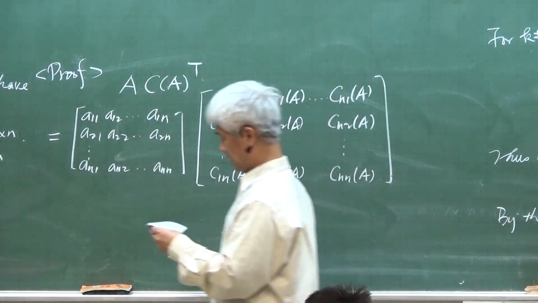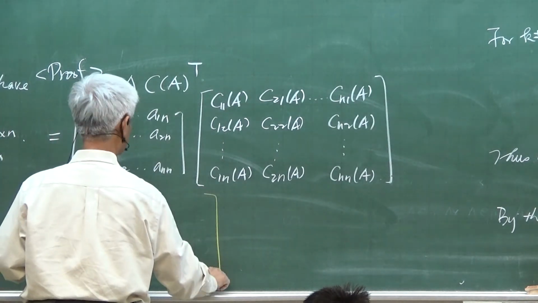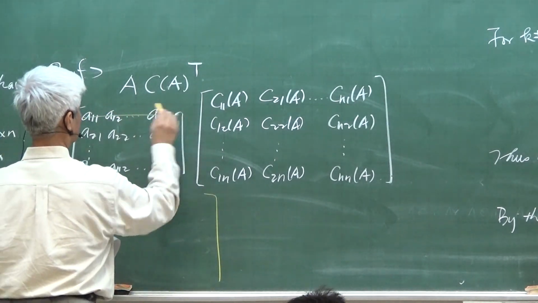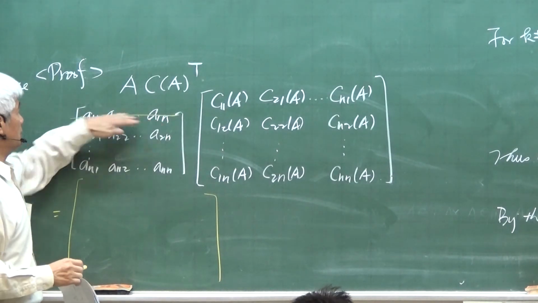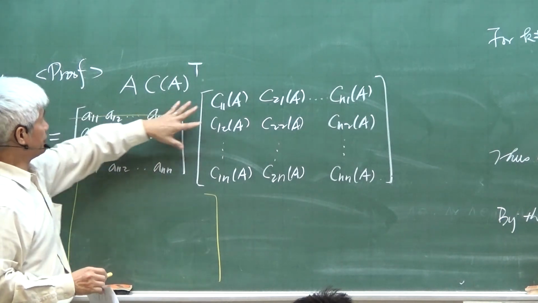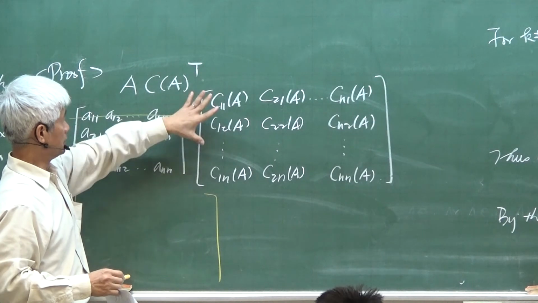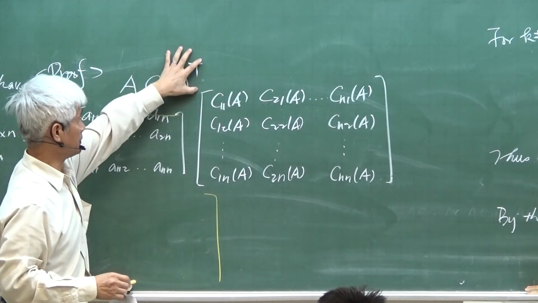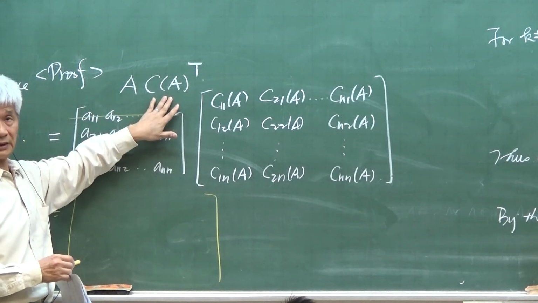Now, you will see that the first row of A multiplied with the first column of the C_A transpose, which is just the first row of the cofactor matrix.